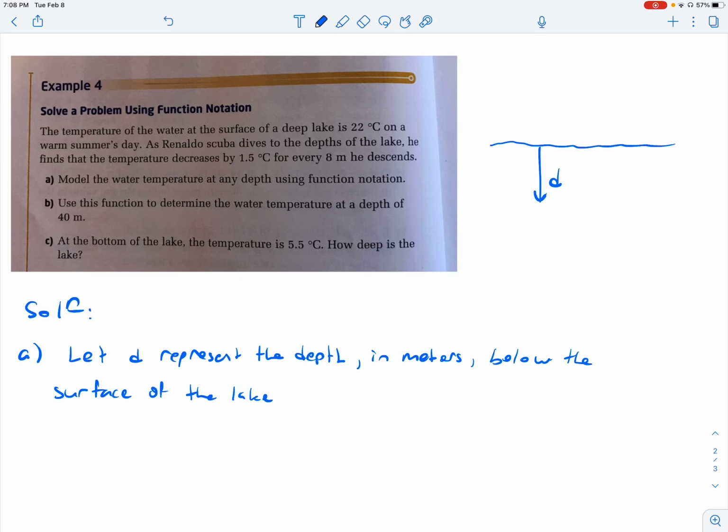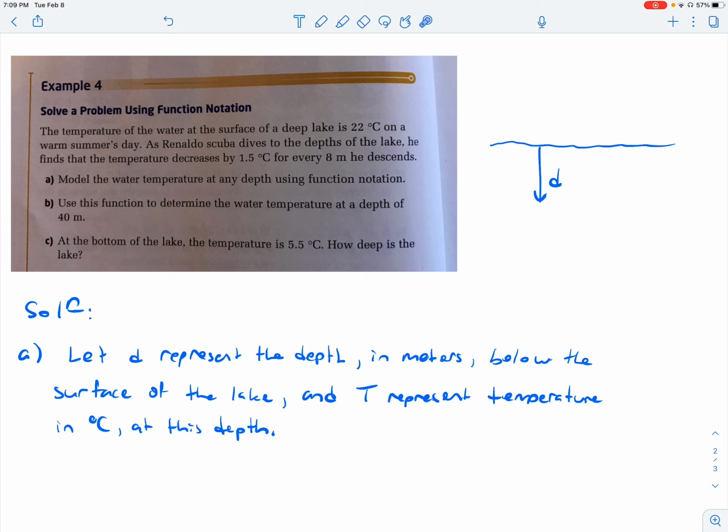All right, and we could also say, and T represent the temperature in degrees Celsius at this depth.